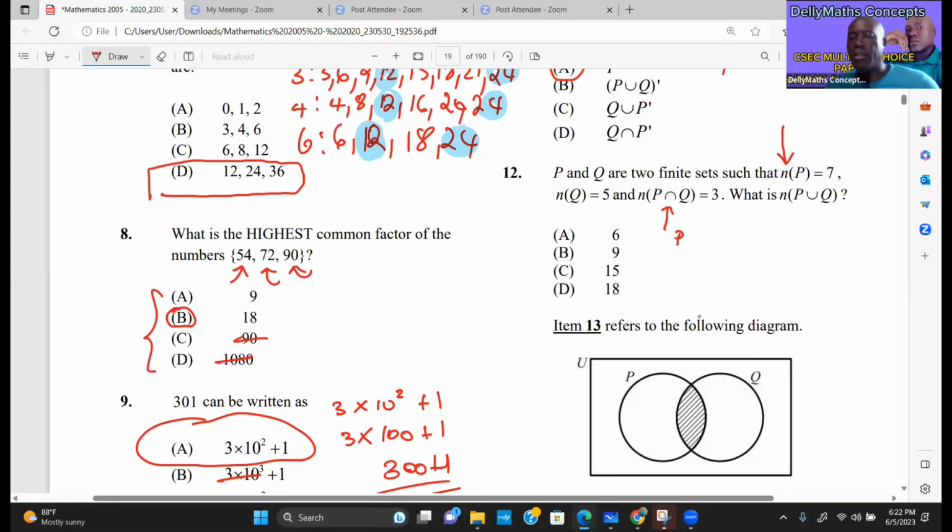The union is that you're going to be adding the elements in P, adding the elements in Q, and you're going to minus the intersection. So in this case, P is 7, Q is 5, you're going to subtract 3. 12 minus 3, that's 9. There you go. This type of question comes every year. Make note of the general formula, this idea.